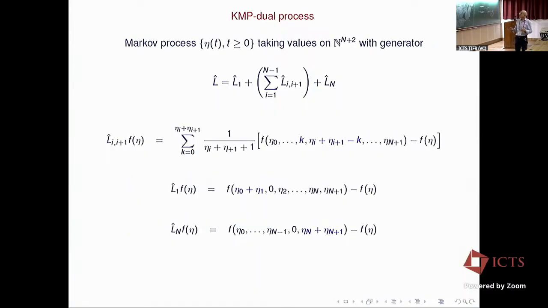In the dual, the redistribution rule occurs now at the level of the number of particles, and again it's uniform. If you have eta i particles and eta i plus 1, the total is this, and you redistribute. And at the boundary, from site 1 you put a particle to site 0, and from site n you put a particle to site n plus 1.